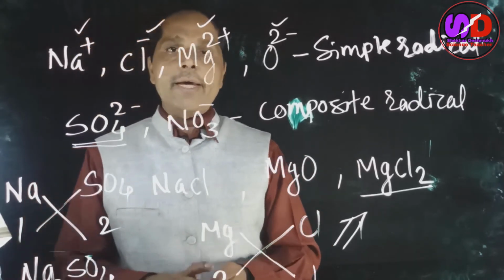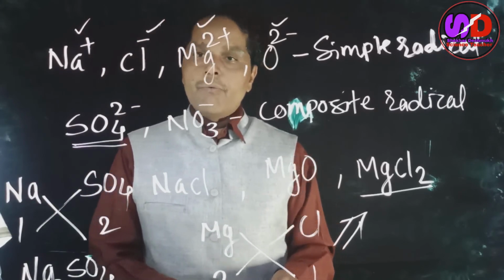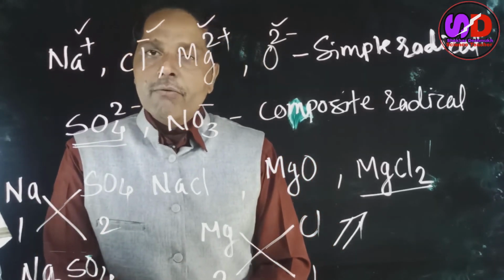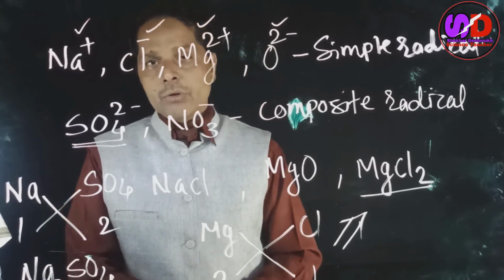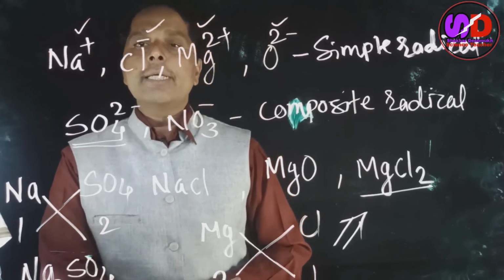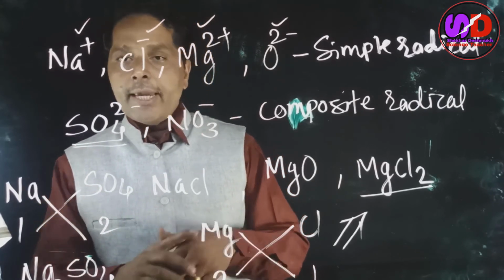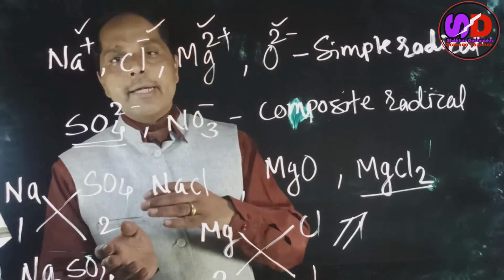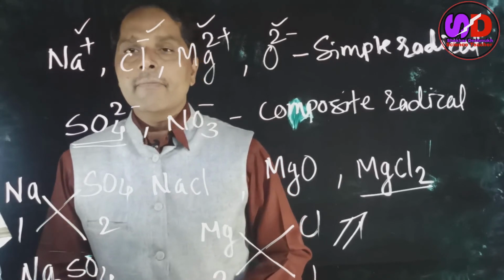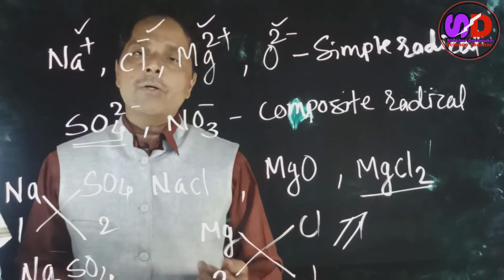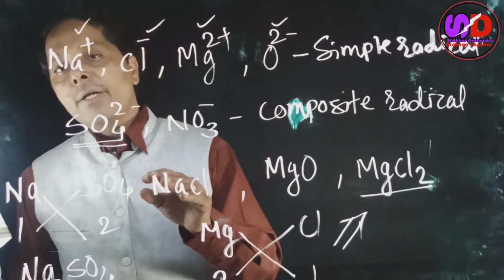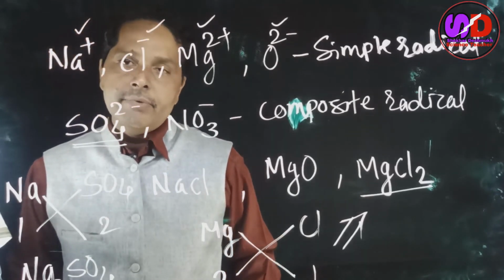So in this way we can find out the molecular formulas of various compounds by using the valency, and we can easily say the valency if we know the electronic configuration, and we can easily write the electronic configuration if we know the atomic number of that atom.